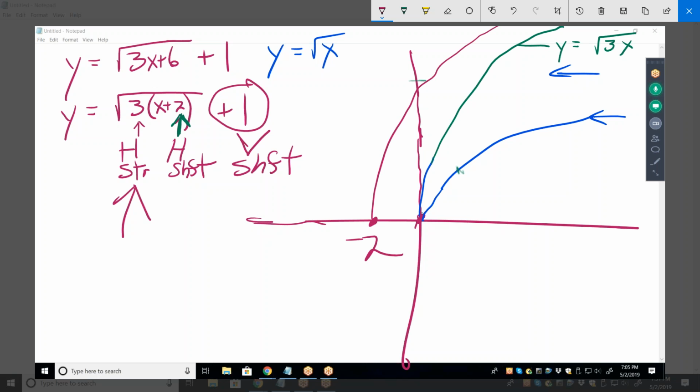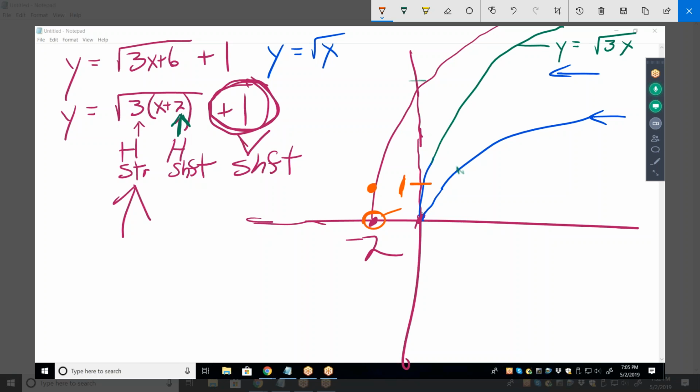I only have one last thing to do, this one right here. What is that going to do? Move it up 1. Right. It's a vertical shift, doesn't change the shape. I start with my point that I knew where that point was from the start. It was at the origin. So that's my point of reference that I move about. Okay? So I'm going to move that up exactly 1.